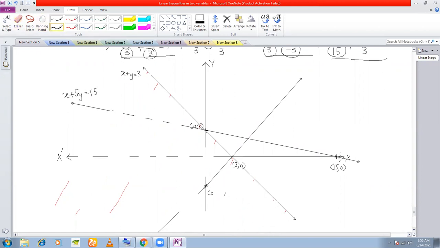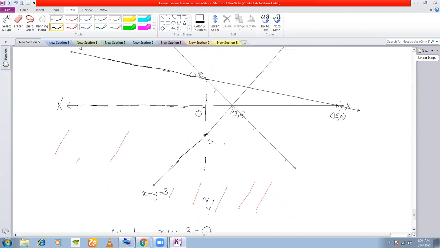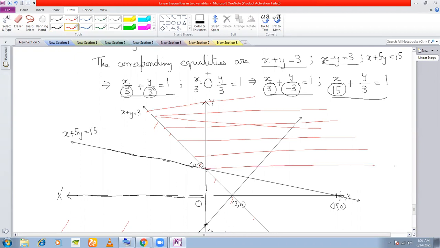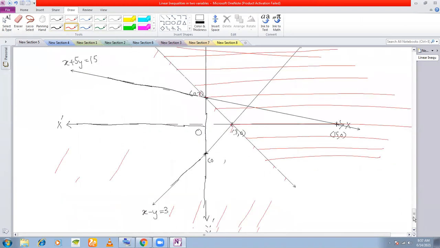This inequality is not satisfied for x equal to 0 and y equal to 0. So for the first line, we'll shade this part. Shade this way. Fine.